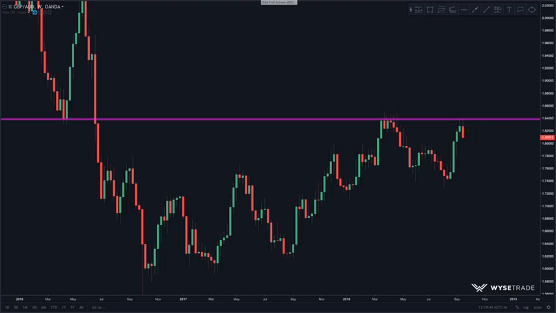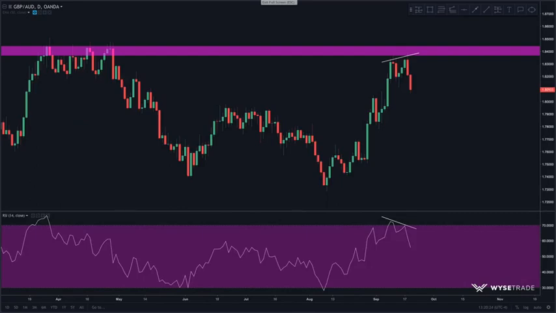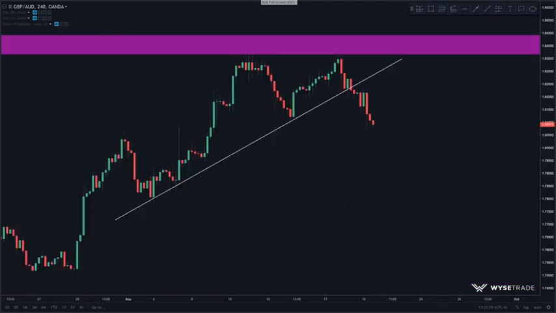So to the daily. Here on the daily, we had divergence at this key level and price is making a lower low. So now to the 4-hour time frame. We have a 4-hour trendline break, which is again bearish. And if you are a breakout trader, you would enter on the break. But for us, we always prefer the pivot entry.